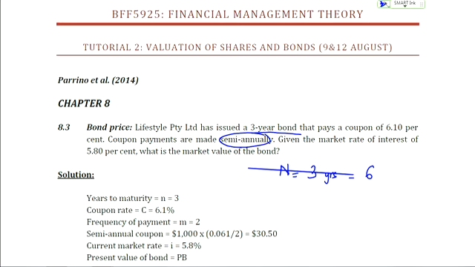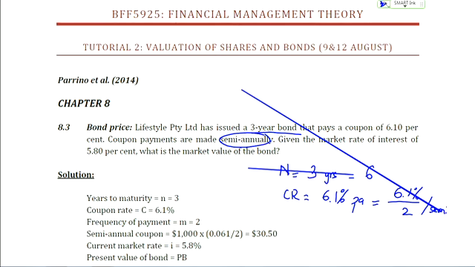And then the coupon rate is 6.1% per annum, or it is the same as 6.1% divided by 2 per half year, or semi-annually.